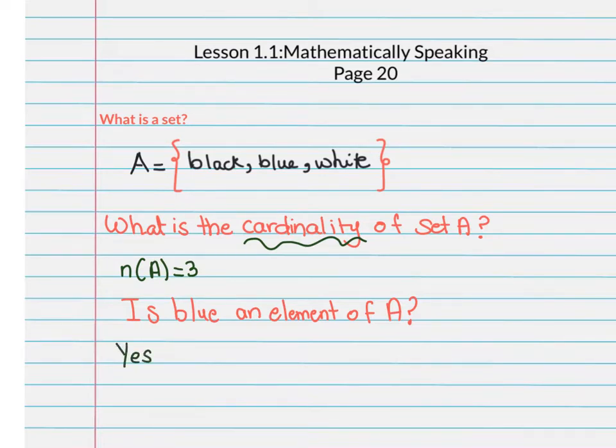Yes, blue is an element of set A, but mathematically we say blue belongs to set A. I don't write the word belongs. I have to represent it mathematically. I use the following symbol. This symbol here means belongs. So now if I read it, blue belongs to set A using the appropriate mathematical symbol.